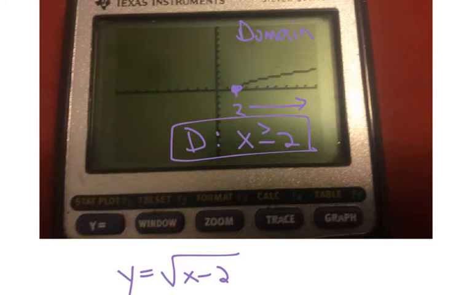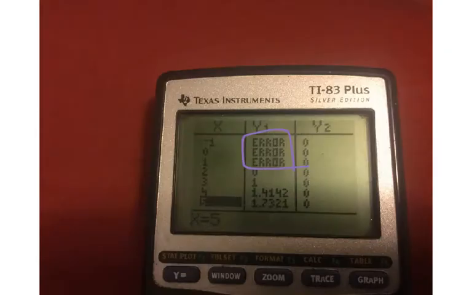How about the range, the outputs? What kind of numbers come out of the square root function when we plug numbers in? Well, let's go back and look at the table here for a second. I want you to look at the y values. Well, we have 0, and then we have 1, and then 1.41, and 1.73. And if you scroll down your table, you'll see that the y values continue to get larger.